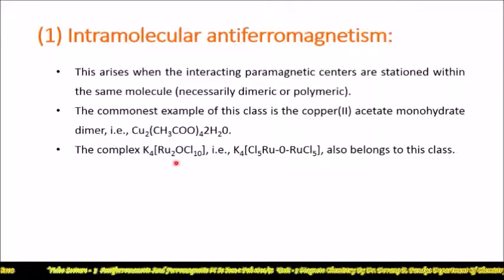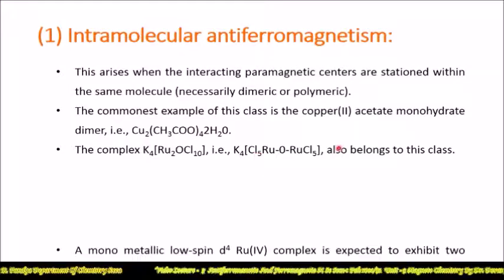The complex K4[Ru2OCl10], as for example K4[Cl5Ru-O-RuCl5]. The oxygen here acts as a bridging atom between these two complexes. So it is a bridged complex, also belonging to this intramolecular antiferromagnetic class.